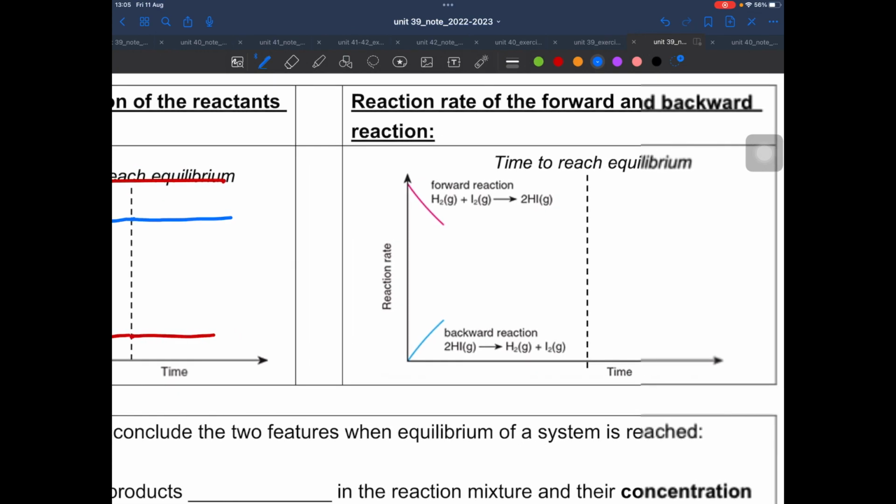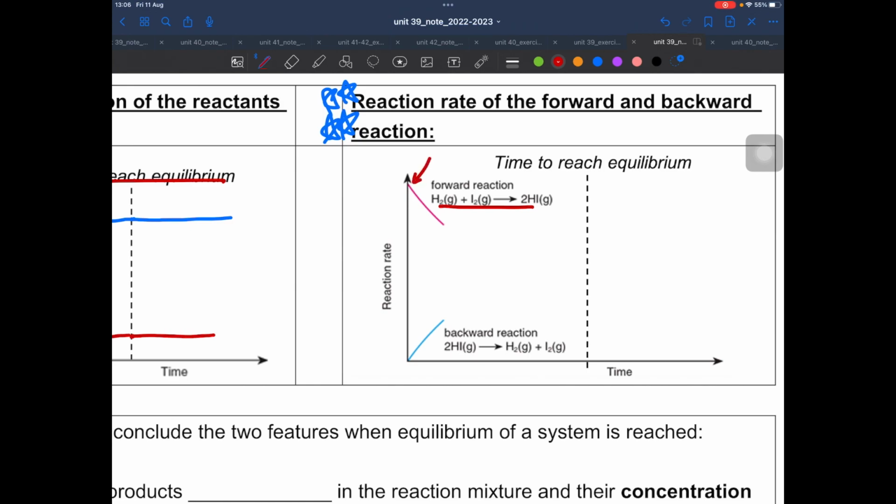Another one is the reaction rate. Now this is even more serious because this is something new you never learned before. For the forward reaction, as I mentioned, at time equals 0, at the start, there is plenty of hydrogen and iodine, so the reaction rate should be the highest one.